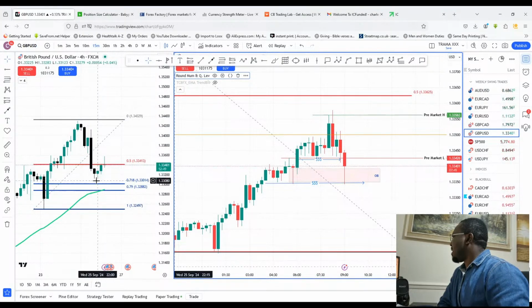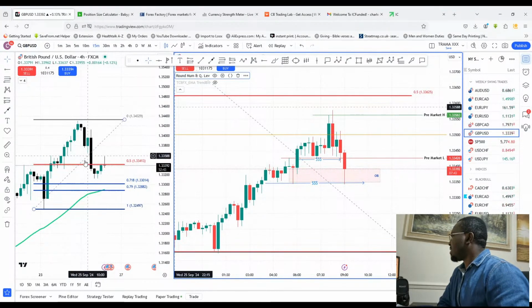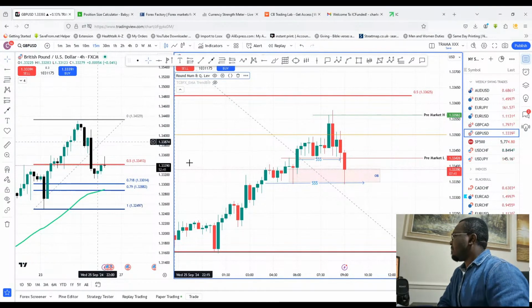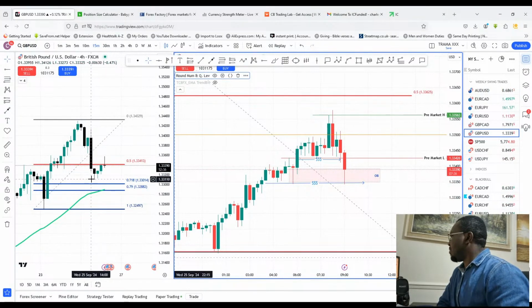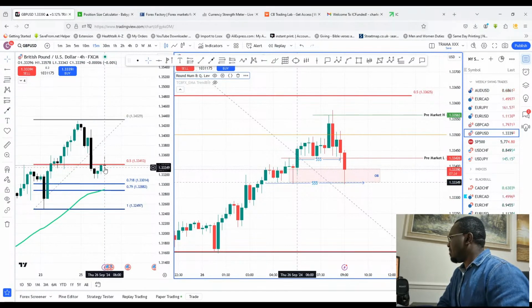And now we are at the discount level of the FIB. We are at the discount level of the FIB. And because of that, price is in a buy zone at the moment. It's just a little bit different. So price was up here before.